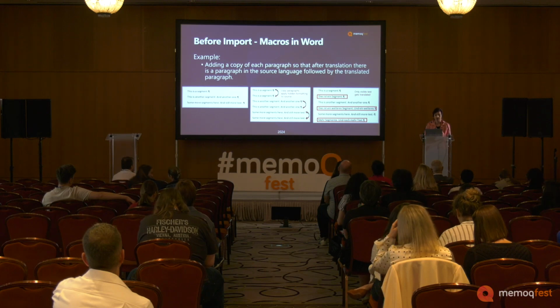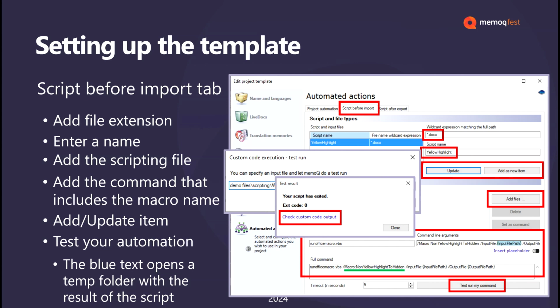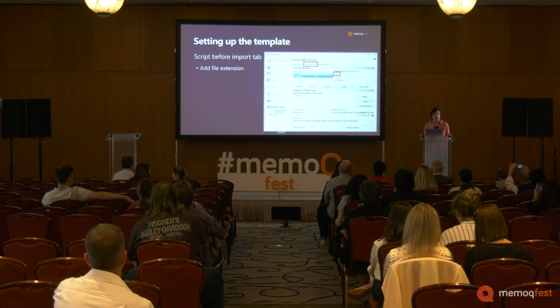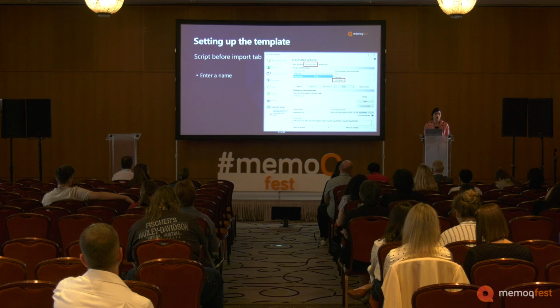Now, how is that all set up? If you go to the macro settings, there are certain things that you need to do. So first of all, you need to specify which file format is going to be processed. In my case, it's the docx files. The action needs to have a name. This is something that you can give it as you like.